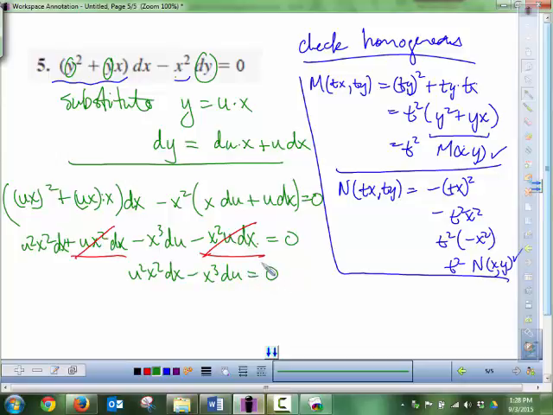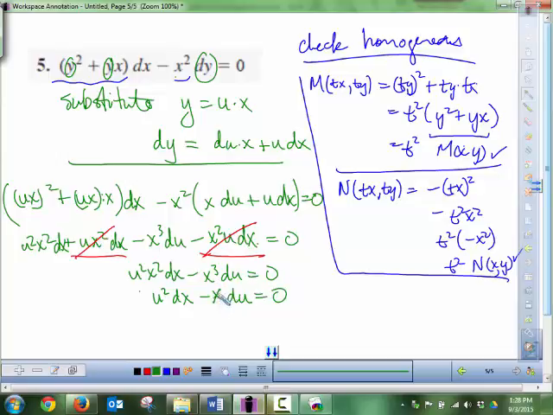I can probably factor out an x squared if I want, right? And divide it out since it's 0 on the other side anyways. So let's get rid of an x squared. So this is u squared dx minus x du is equal to 0.